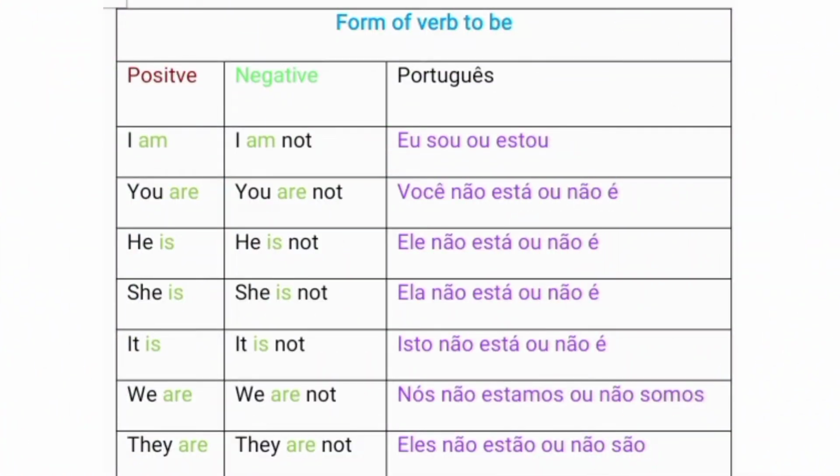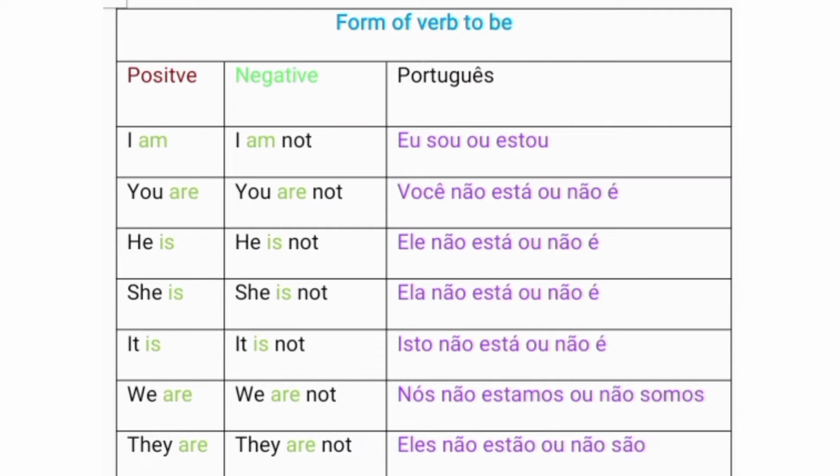Form of verb to be: positive, negative, português. I am, I am not. Eu sou ou estou. You are not. Você não está ou não é. He is not. Ele não está ou não é.